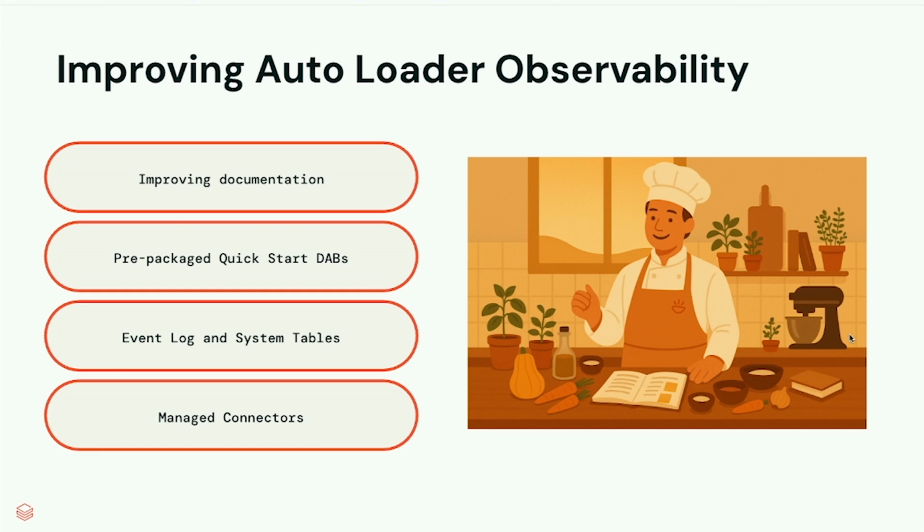We're working on a quick start Databricks asset bundle for autoloader that will allow you to start your file ingestion with a pre-configured autoloader that you can further customize to meet your needs. We're constantly trying to add more observability data into the Delta Live Tables event log and system tables.